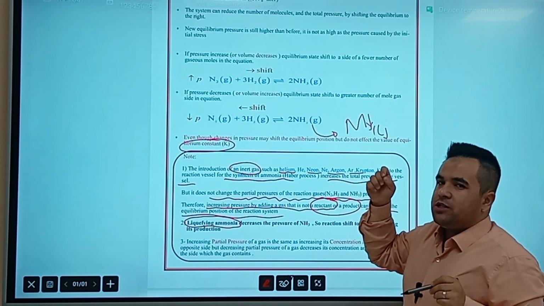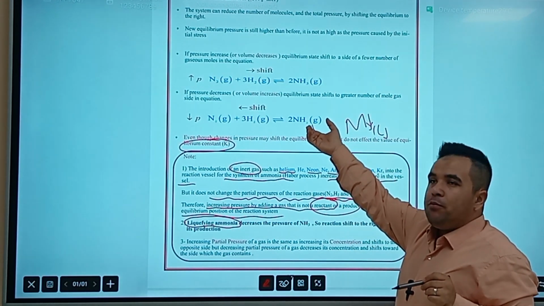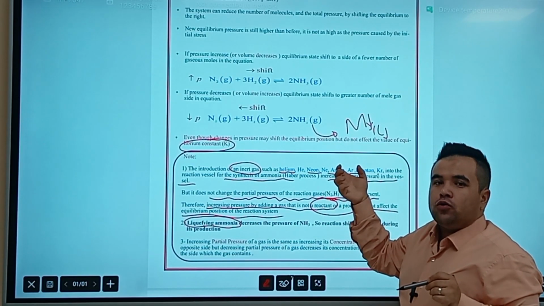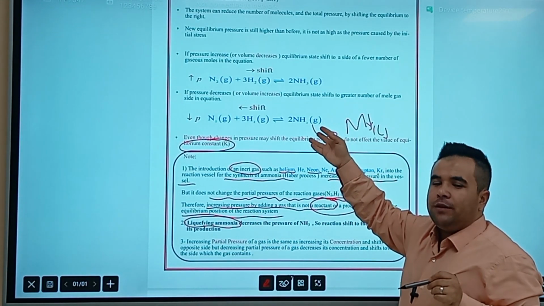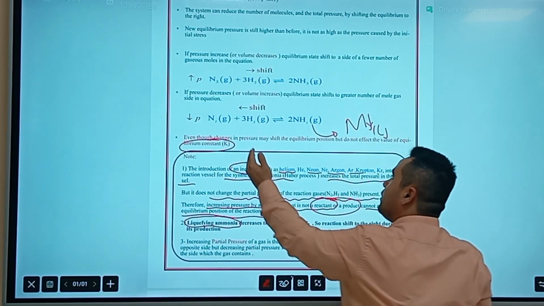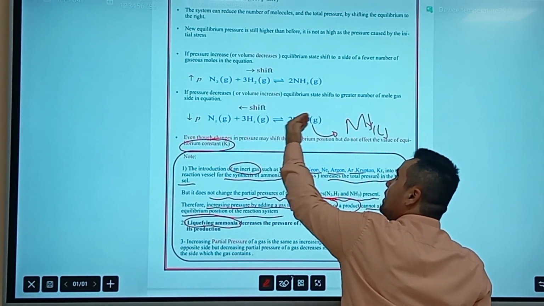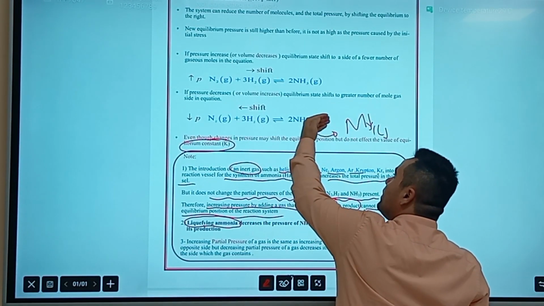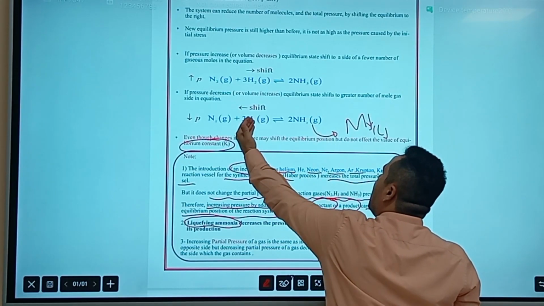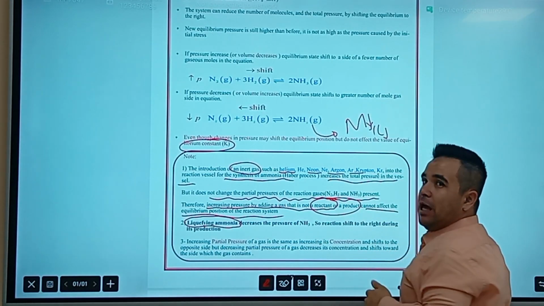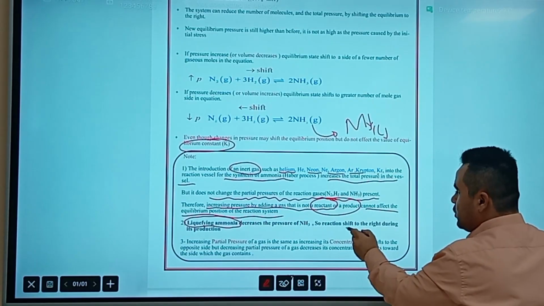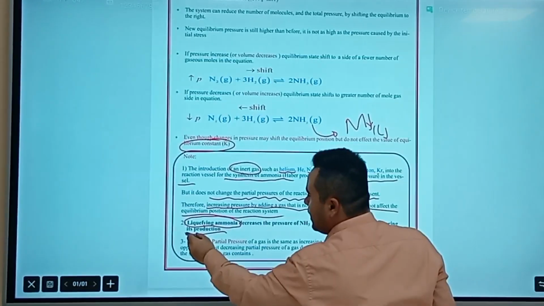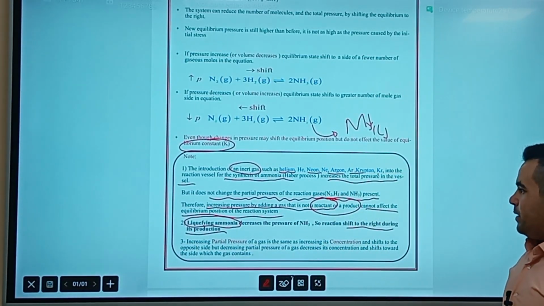We'll be talking about concentration, guys, as something removed in order to compensate for the removal of that. The shifting goes toward the species that we removed. So liquefying ammonia shifts the forward direction. You have to know that. It shifts to the right during its production.